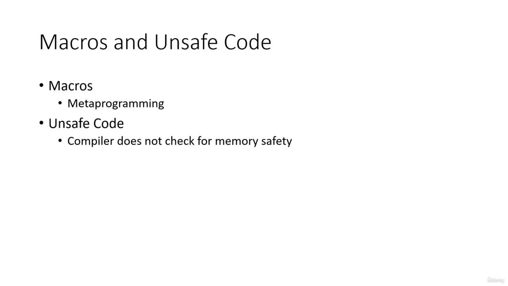What this means is that the compiler is not going to check it for memory safety. So you're basically telling the compiler, hey, I know that my code is safe, so I don't need you to check it per se. So it's really important that when you use unsafe code, you double check it to make sure that you are complying with memory safety.